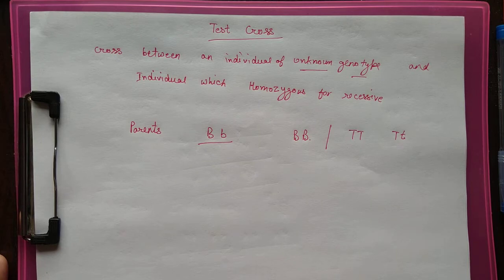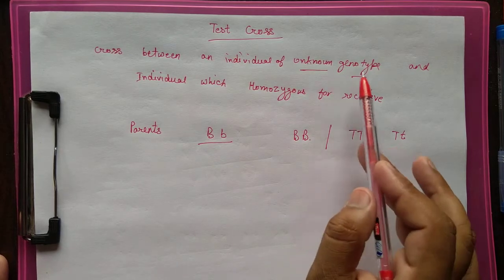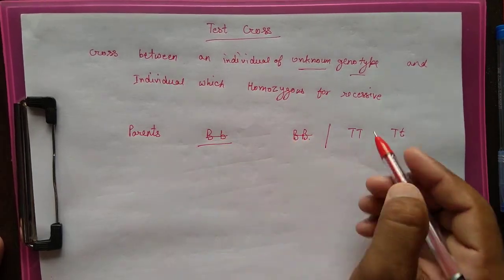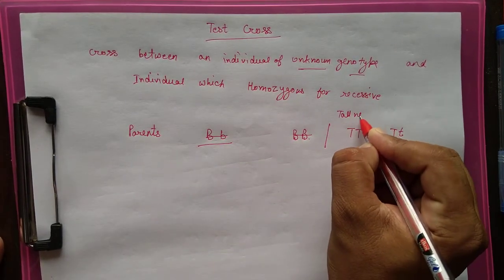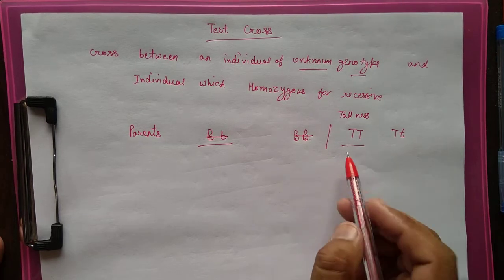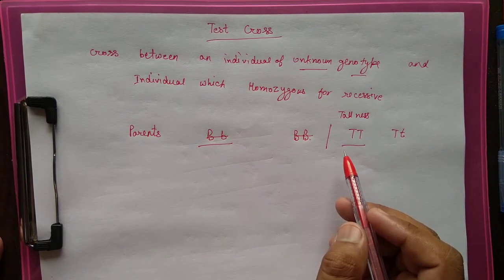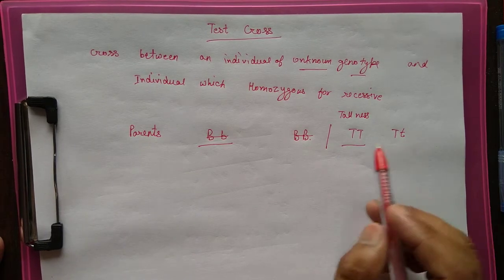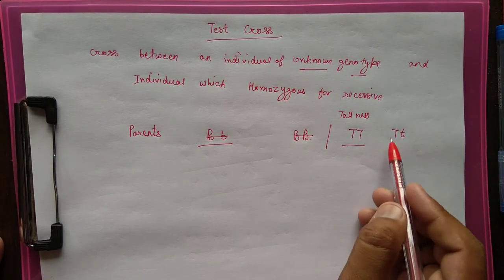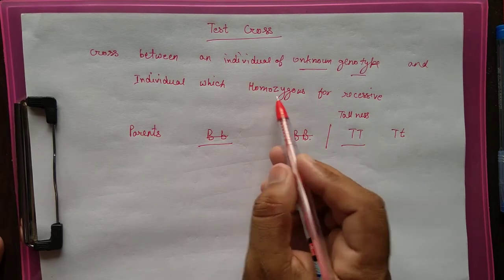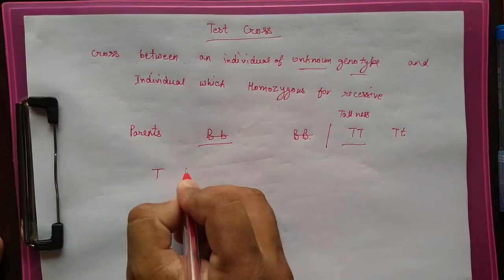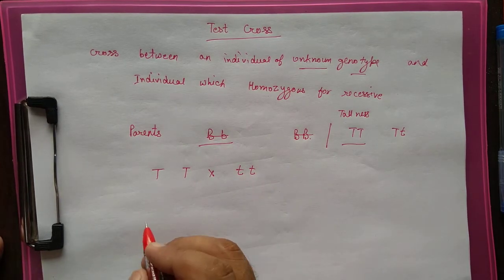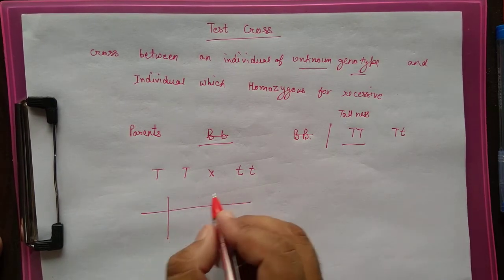Our experiment is going to test the unknown genotype. In tallness, there are two possible genetic constitutions, the homozygous dominant and the hybrid, but we do not know which. We will cross both of them with the homozygous recessive, according to the Punnett square.